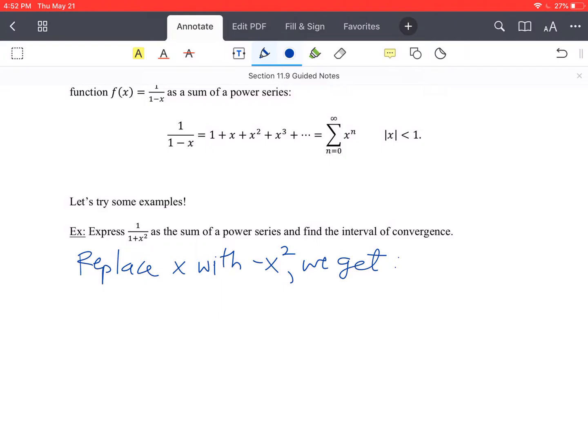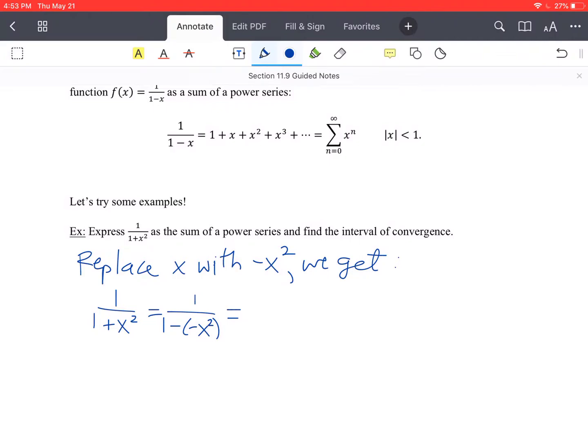We get 1 over 1 plus x squared, which equals 1 over 1 minus negative x squared. So that's equivalent to the one that we started with.